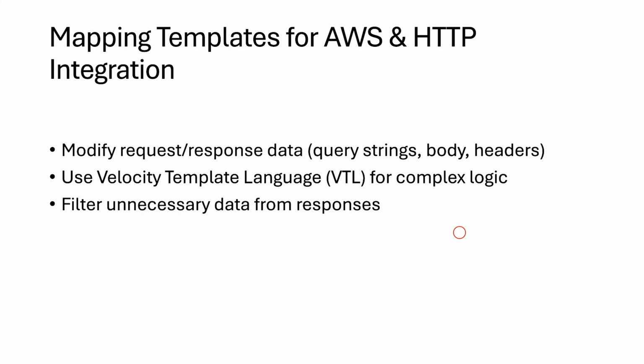They just bypass it, take the request and send it to the backend. But here, before sending to the backend, you can execute a lot of custom logic. And before sending to the client, you can execute some custom logic. So that's the advantage of AWS and HTTP integration, and by using mapping templates, you can achieve all these features.